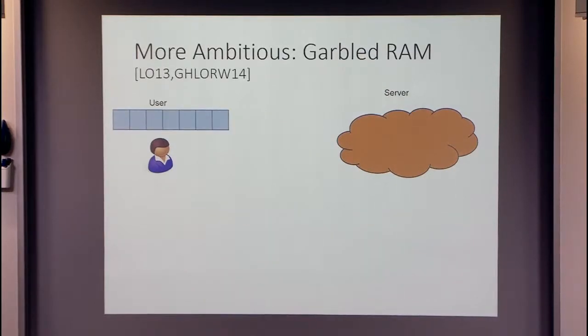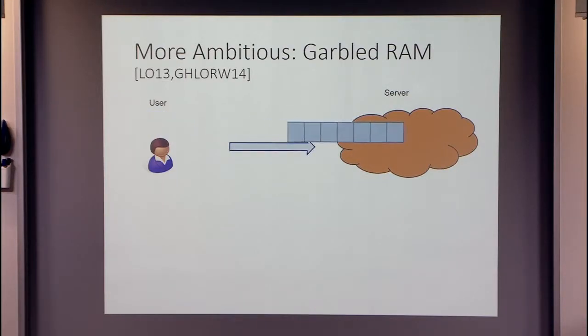But as I said, we are interested in this more ambitious goal of sublinear effort in communication. So in particular, we have a user who has this huge database, what Tal talked about as big data, and this user wants to send this huge database to the server in an encrypted form, so that the server does not learn what the contents of this database are.